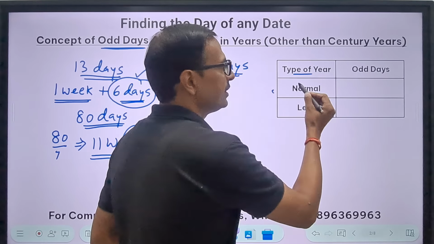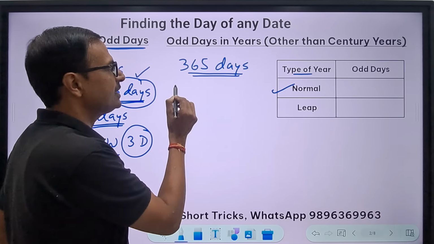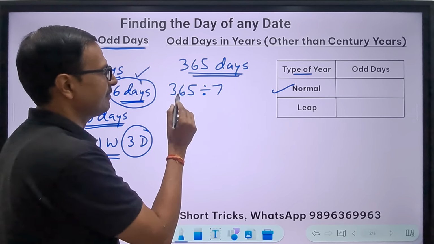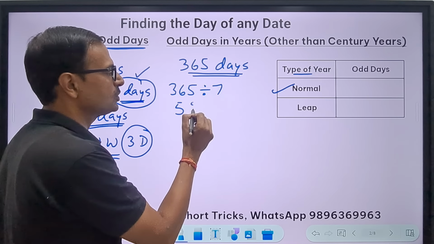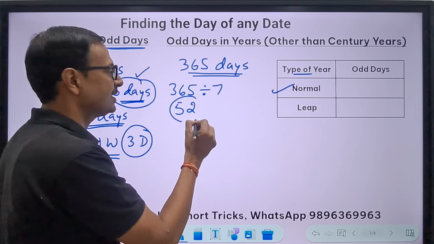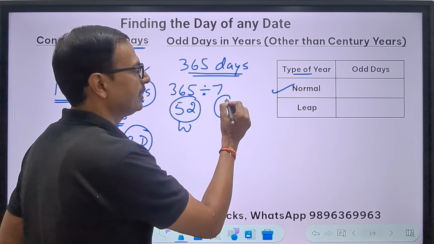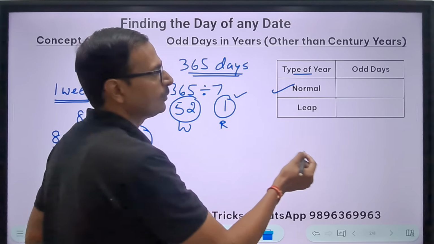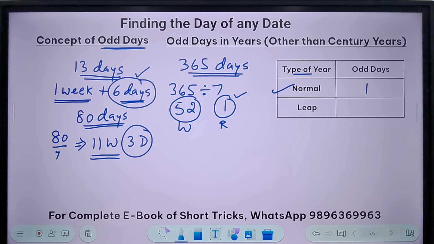In 365 days, if you divide 365 by 7, 7 5s are 35, so 15 means 7 2s are 14. Now this is the complete number of weeks, and you will have 1 as the remainder. So this 1 as the remainder gives you the odd days in a normal year. So a normal year will have only 1 odd day.